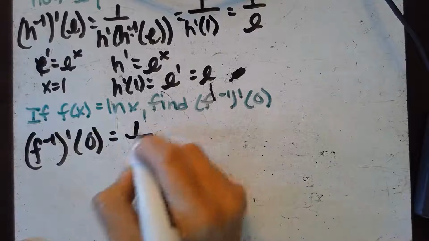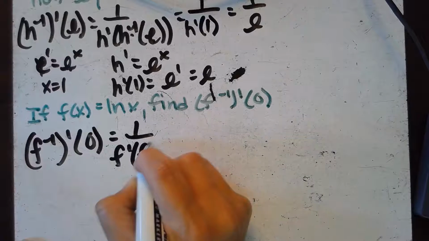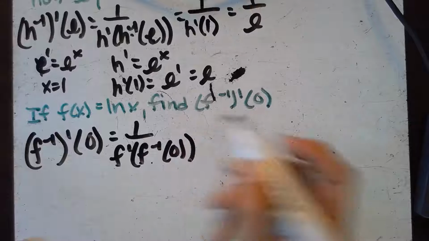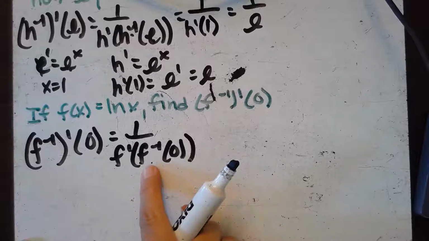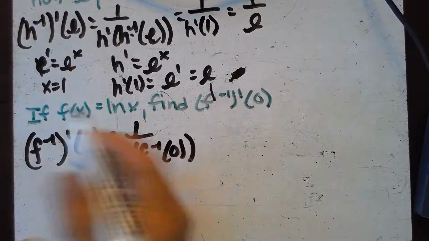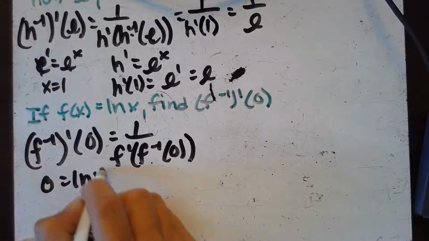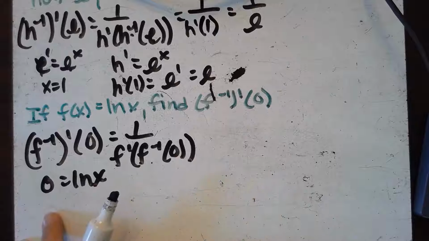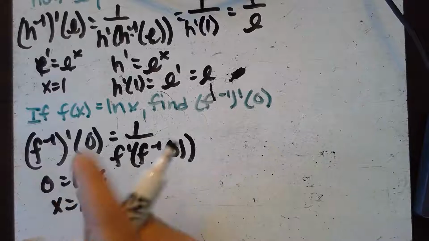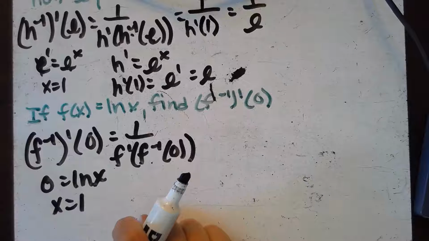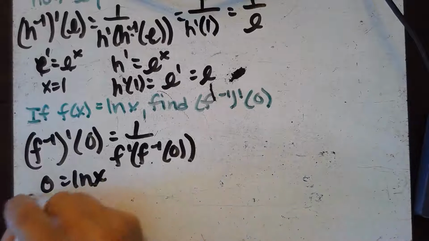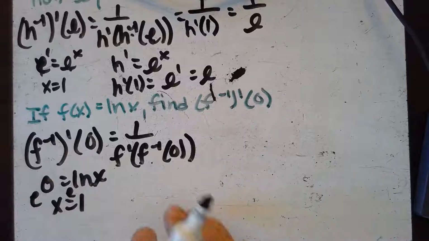So it's 1 over f prime of the inverse of f at 0. Remember, this is the x for the inverse, so for the original function, it can be the y. Well, when does ln of x equal 0? When x equals 1. Or you can take e to each side, and you'll realize e to the 0 is 1.